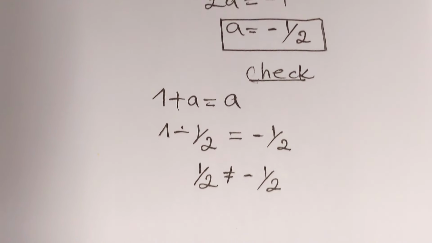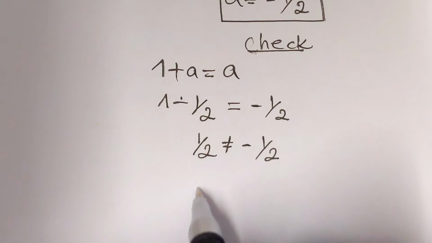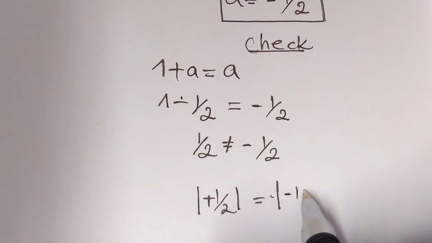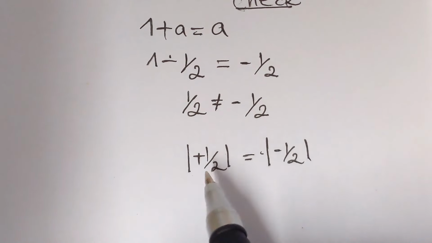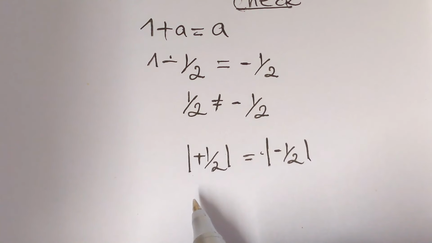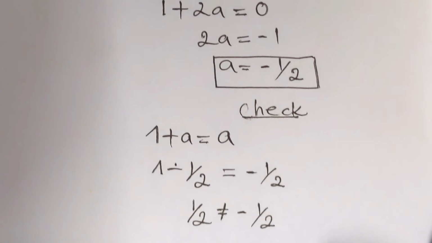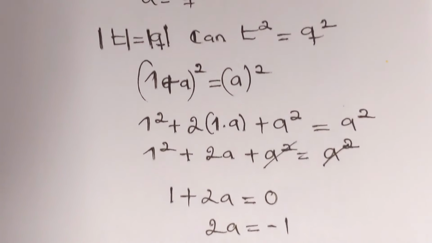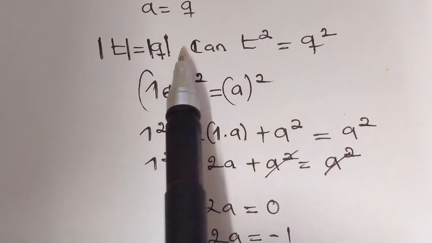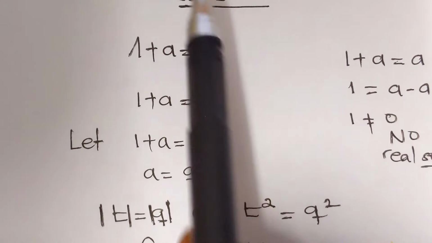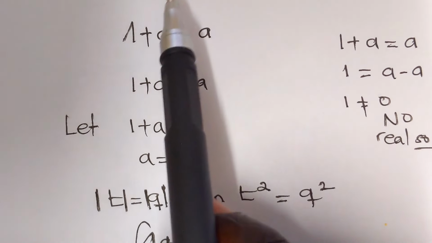And we shall say right here that the absolute value of positive 1 over 2 is equal to the absolute value of negative 1 over 2, because the absolute value of negative 1 over 2 can be written as 1 over 2, which is equal to 1 over 2. To mean that, we can get a real solution when we apply absolute value. But for the original question, 1 plus a, that does not have a real solution.